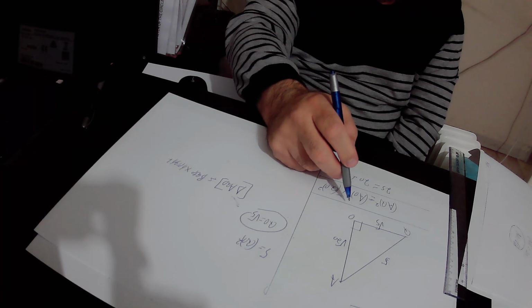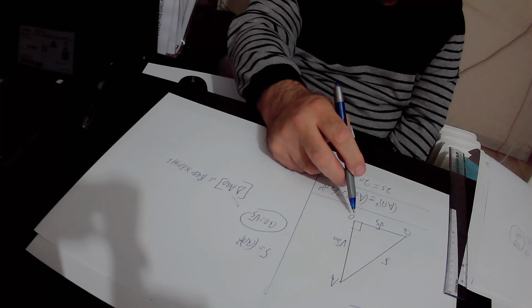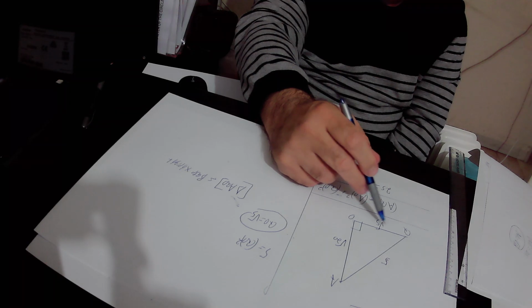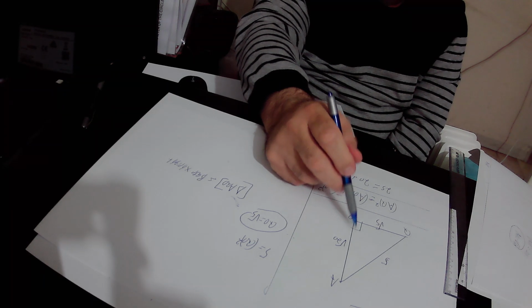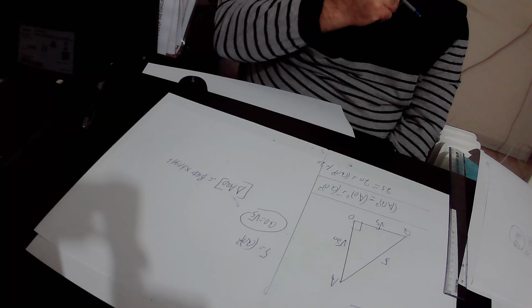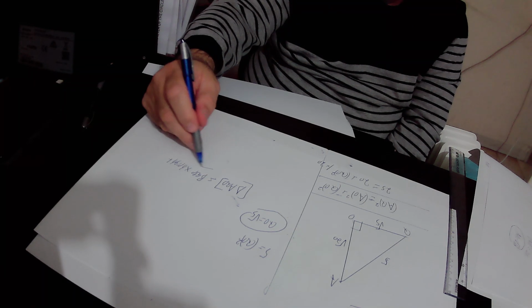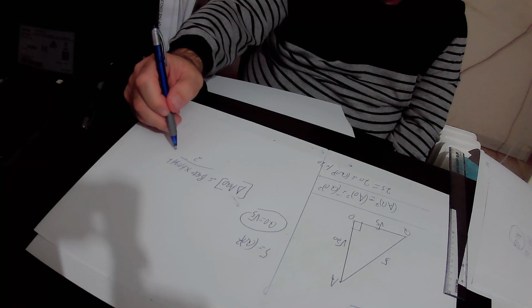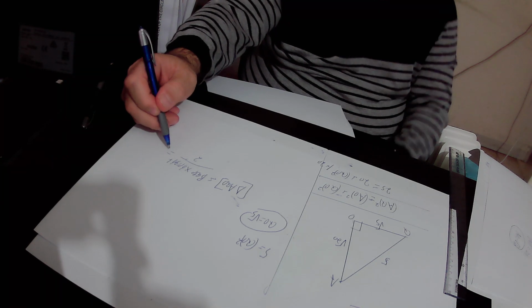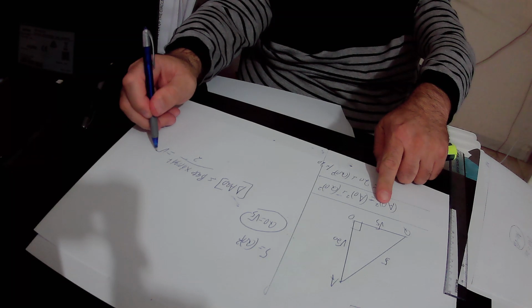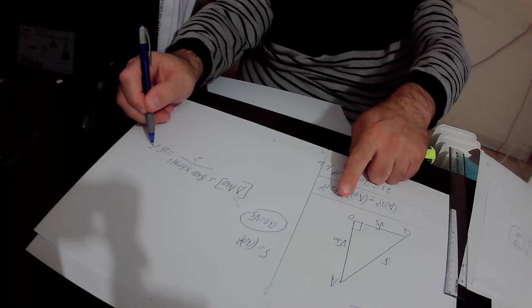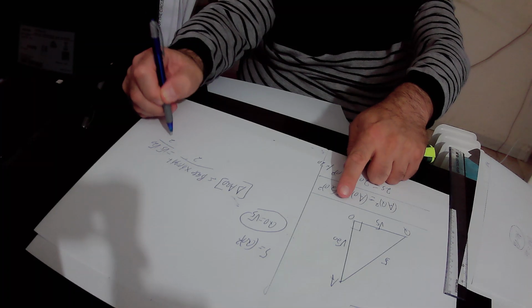AO is the height, because in a right triangle, AO makes 90 degrees with the base. Therefore, AO is the height over 2. So repeat again, the base is the square root of 5 units, the height is the square root of 20 units over 2.